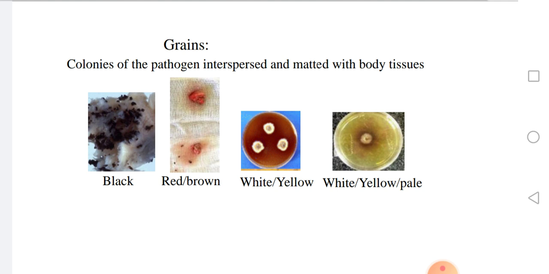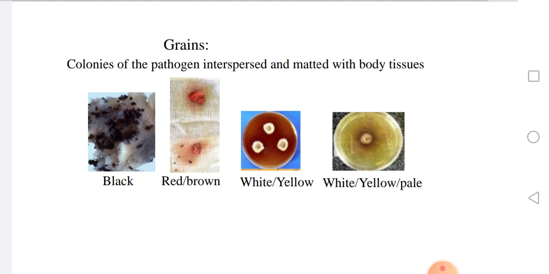The sinuses discharge, and the discharge contains grains. These grains are small particles which are colonies of the pathogen interspersed and matted with body tissues.